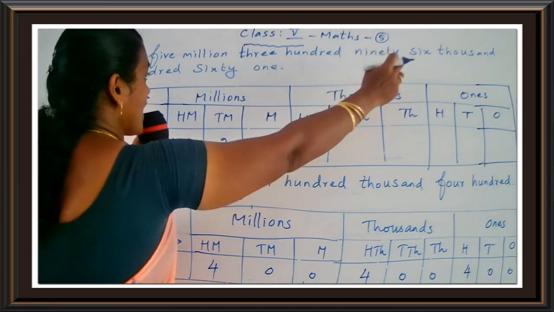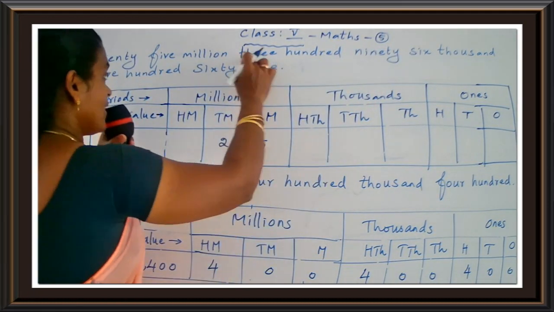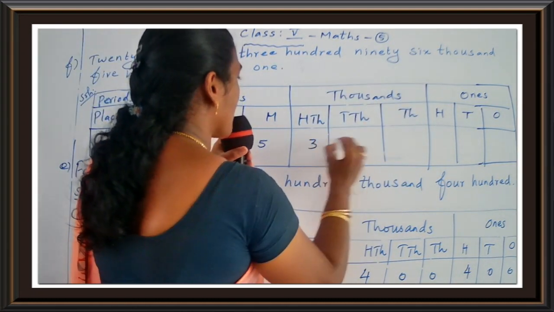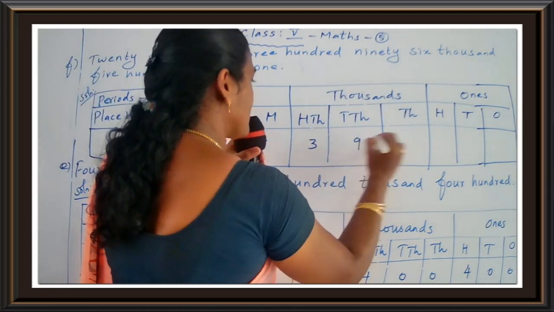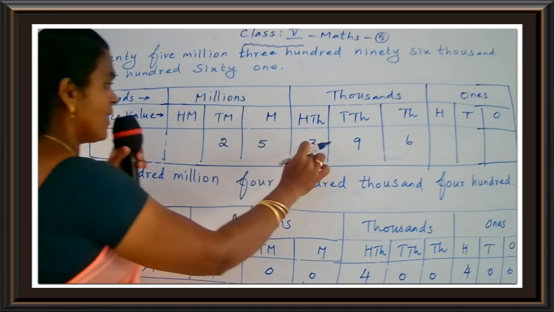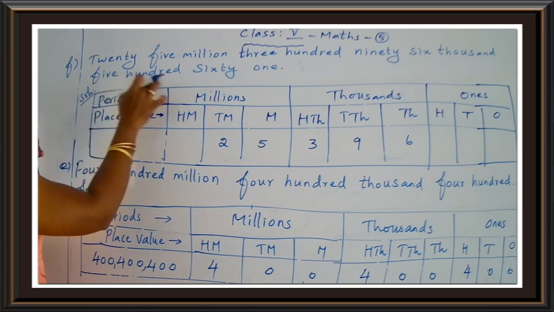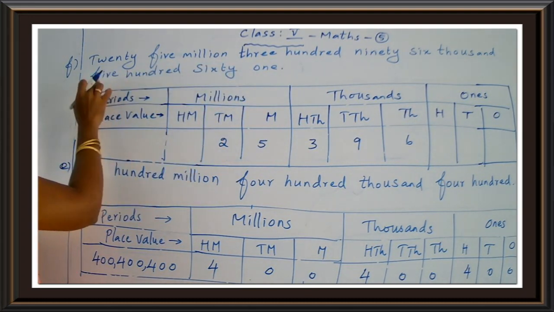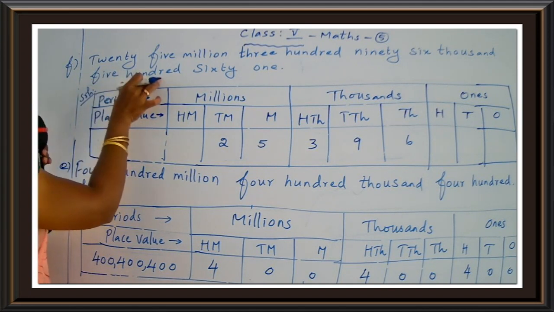396,000. Your thousands period, 396. So 25,396,000. Next 561. So your ones period, that is 561.